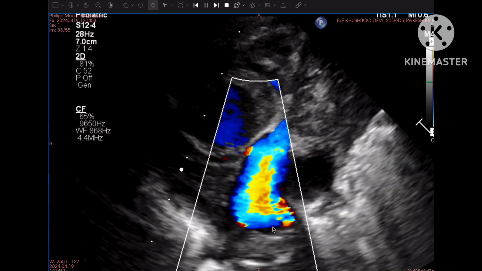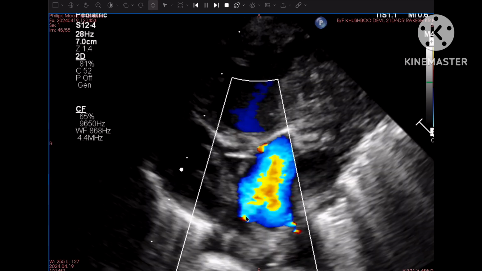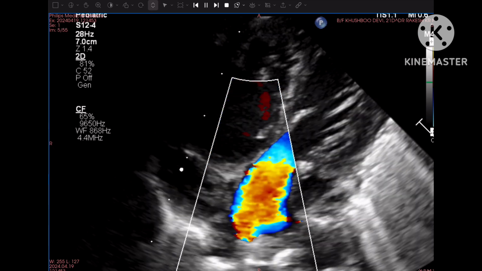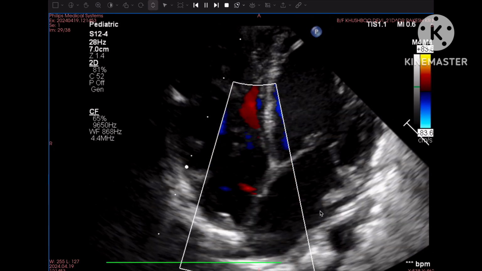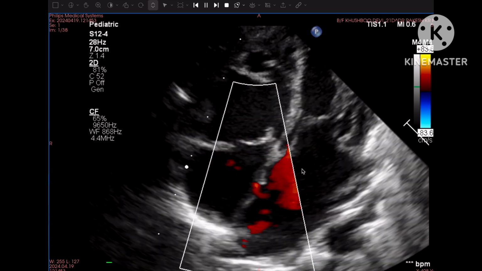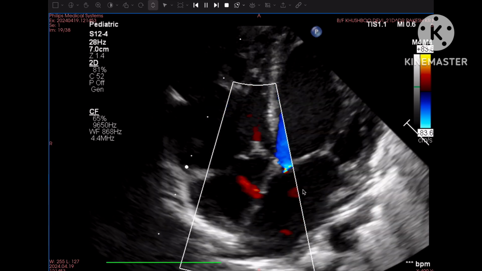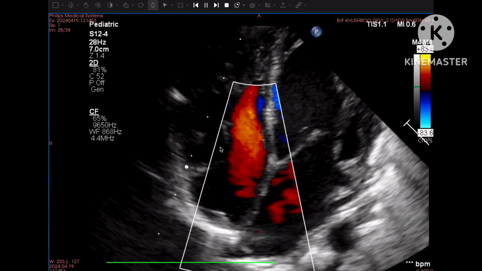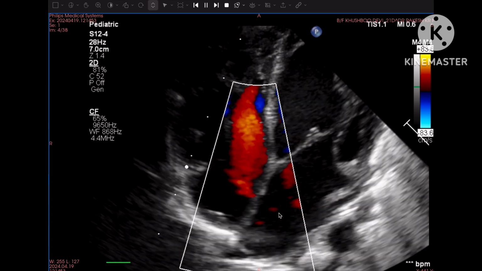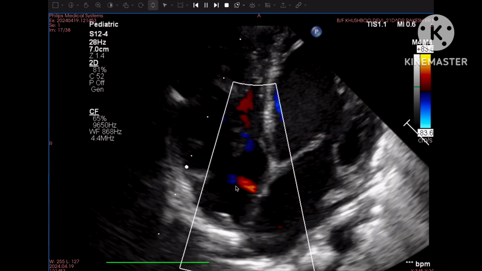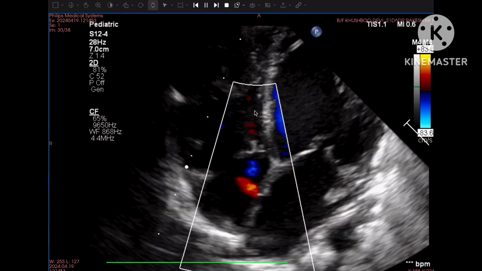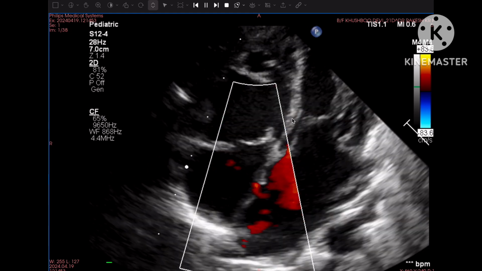Flow is going from the oxygenated side to the deoxygenated side at this level. Simply, this is the oxygenated side. This is the deoxygenated side. So oxygenated side to deoxygenated side. Here both right to left and left to right.